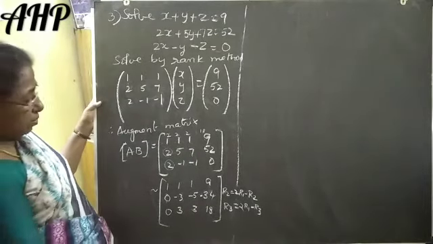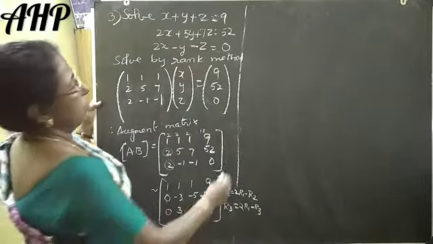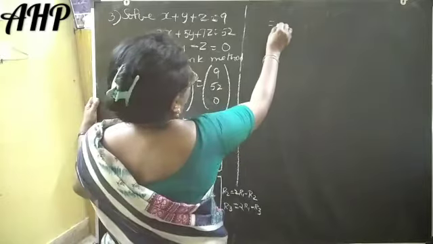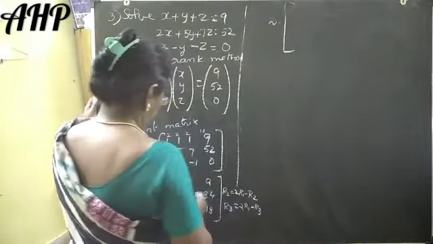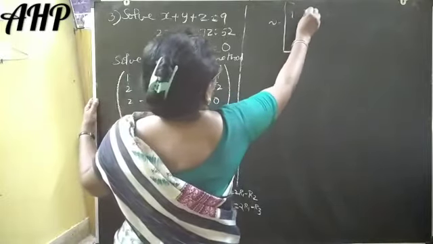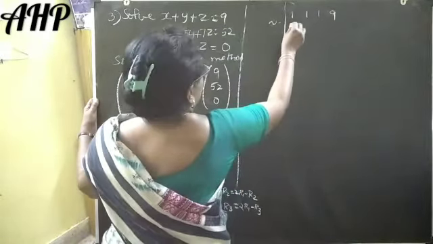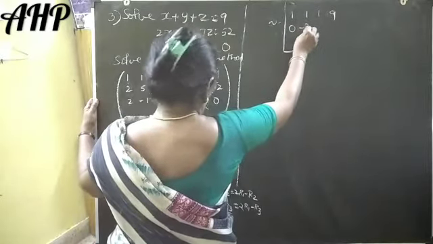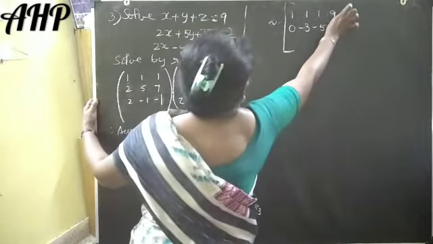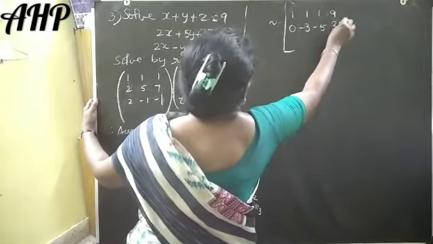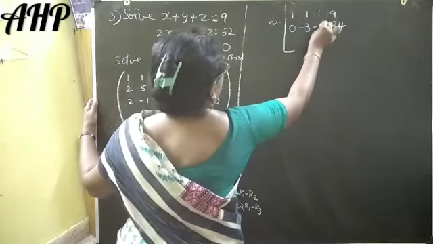Now our aim is to make the second element of the third row to be 0. So this is equivalent to 1, 1, 1, 9, 0, minus 3, minus 5, minus 34.